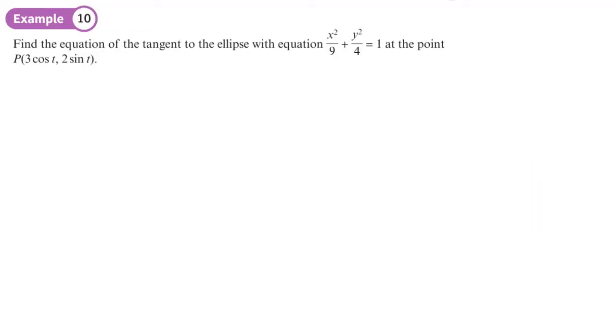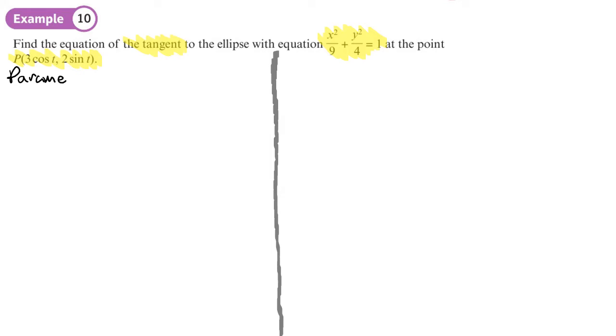So we want to find the equation of the tangent to the ellipse with this equation at this point here. Now we have two different ways of doing this question. We could do either parametric differentiation or implicit. Let's do both, so you can compare and contrast and decide which way you would prefer to do it.